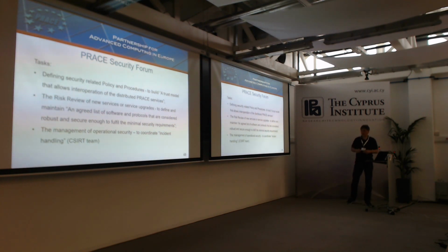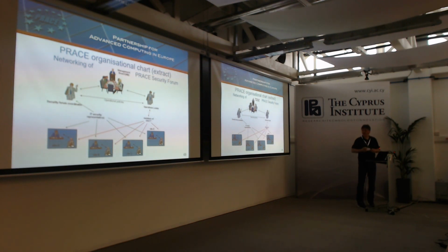So the management of operational security is of course also part of the security forum, to coordinate incident handling with the CSI team. That's the organizational structure. Any site has its own security team. It sends an IT security representative to the forum. We have a security forum coordinator, who talks to the management board, and the same is within the operational environment.